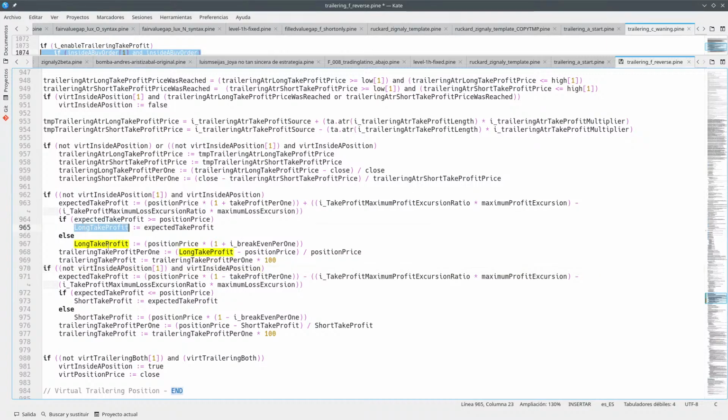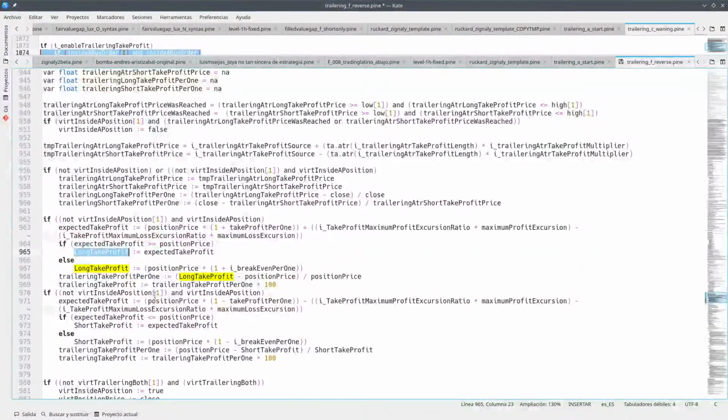Yeah, these are new variables that we added ourselves, isn't it? Because otherwise it didn't work properly.